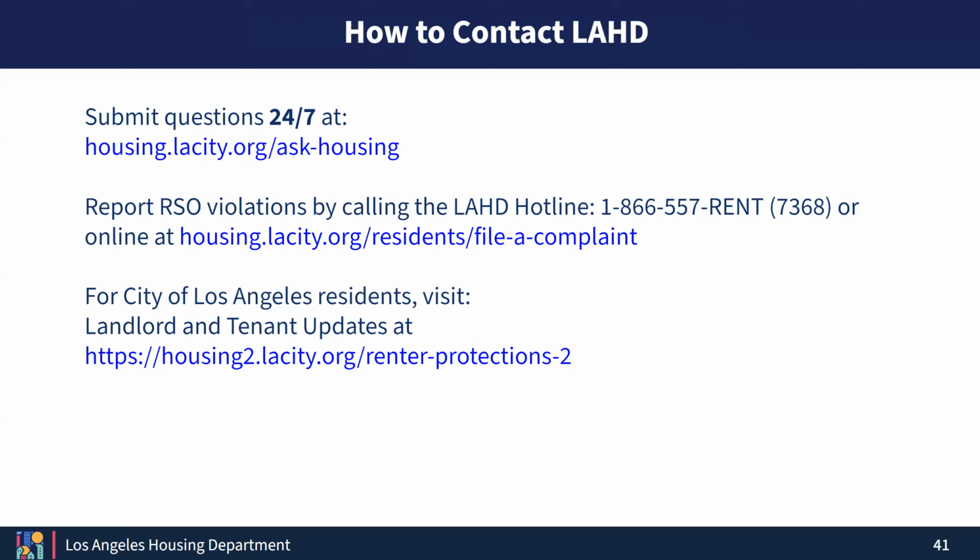An owner may also call our hotline with any follow-up questions. And lastly, a tenant and an owner may look for any updates on our website at housing.lacity.org. You will go to our homepage where you can search for various things, including renter protections.